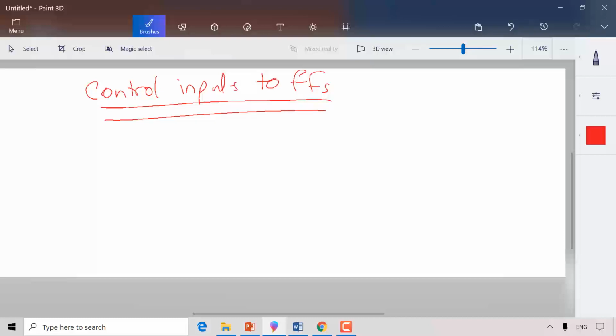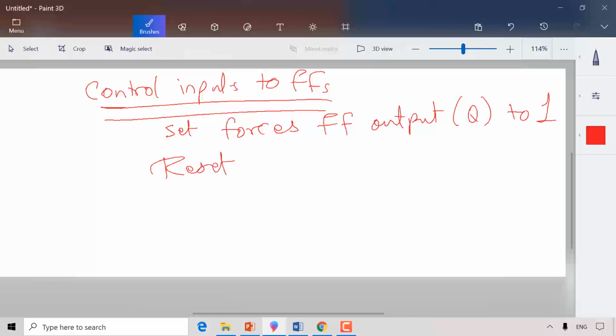The set forces the flip-flop output, in this case Q, to 1. The reset forces the flip-flop output, in this case Q, to 0. Now, somebody may ask, why do I need these?